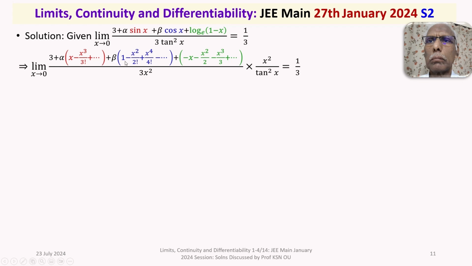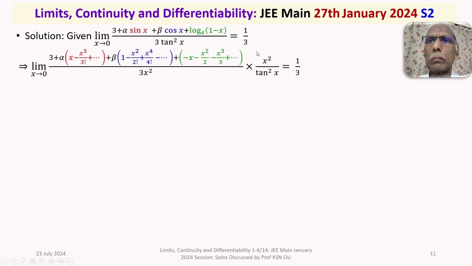Plus beta times the expansion of cos x, 1 minus x square by 2 factorial plus x to the power of 4 by 4 factorial minus so on and so forth. Plus the logarithm, log of 1 minus x, that is minus x minus x square by 2 minus x cube by 3 plus so on and so forth. Into, we have multiplied and divided by x square. So 3 into x square by tan square x.